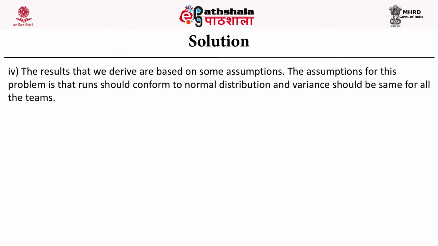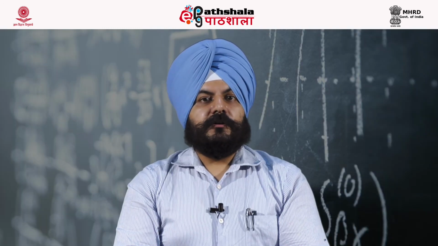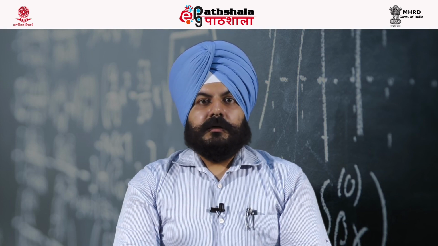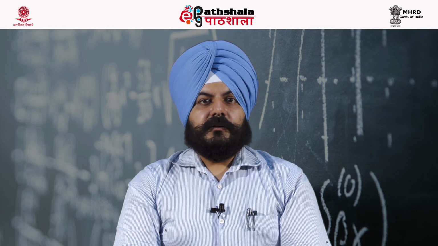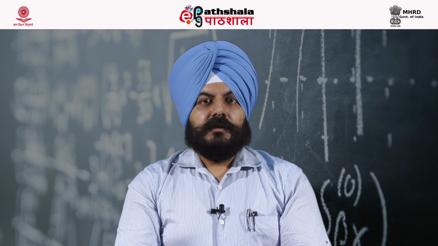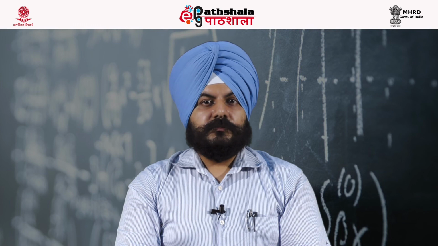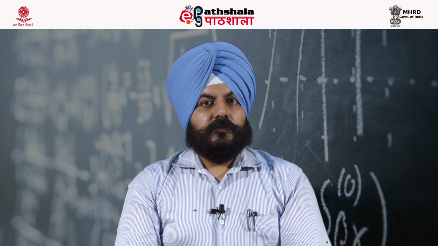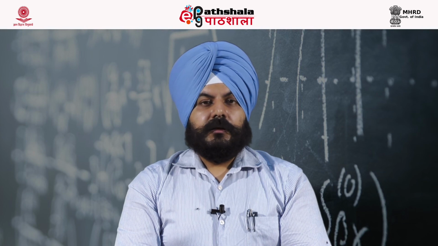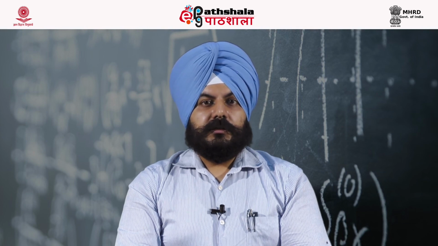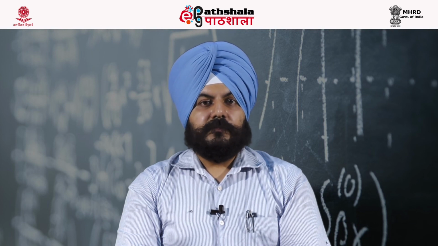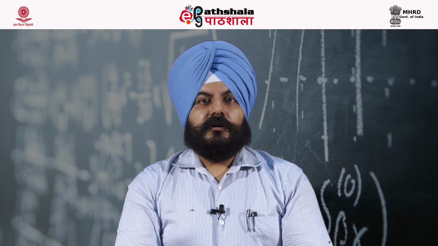In the end, I would like to conclude this module. In this module I discussed what ANOVA, that is analysis of variance, is. We discussed how we apply ANOVA in our practical life, and the difference between the fixed effect model and the random effect model.